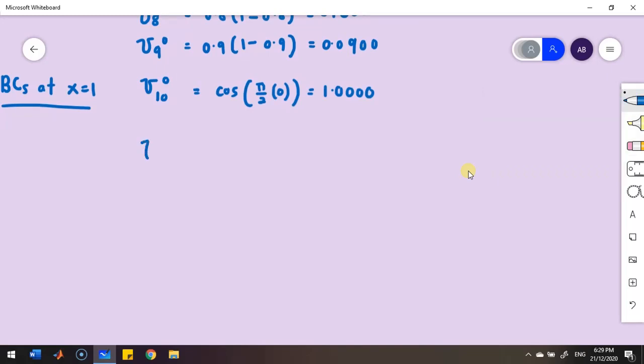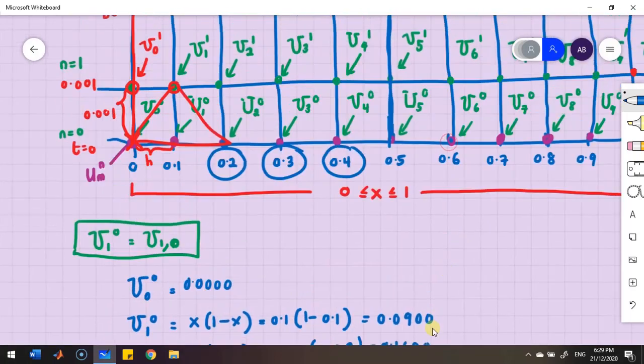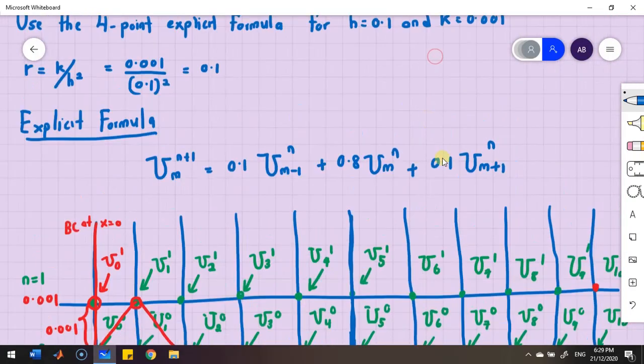So what is u01? This is the boundary condition at x equals 0 and t equals 0.001. What do you have for x equals 0? Let's look at the condition here.